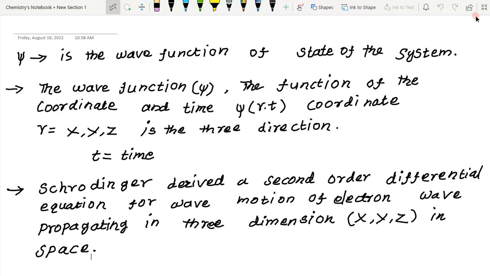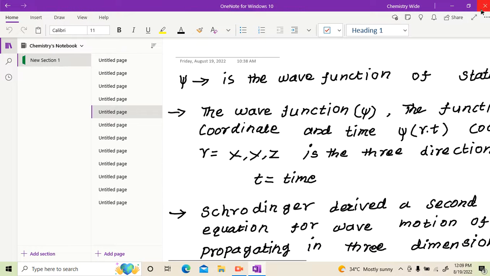Schrodinger derived a second order differential equation for the wave motion of an electron, a wave propagating in three dimensions x, y, z in space.